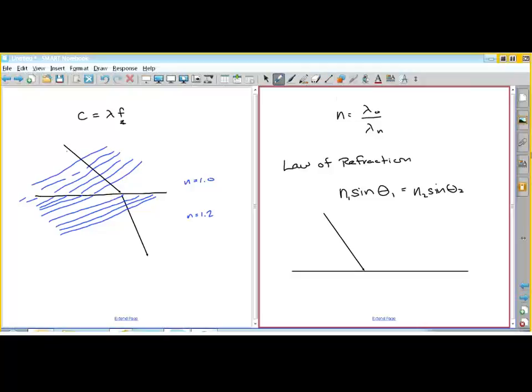Let's assume N1 is 1.1 and N2 is 1.3. I purposely picked something other than a vacuum just to show you. If it came from air or from a vacuum, N1 would be equal to or close to 1. Then we draw this vertical line through both. Theta 1 is this angle, and theta 2 is that angle.